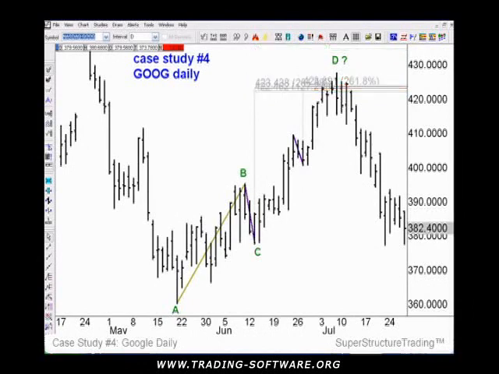Now let me gray it out so you can see price action as price action moves up to that high.